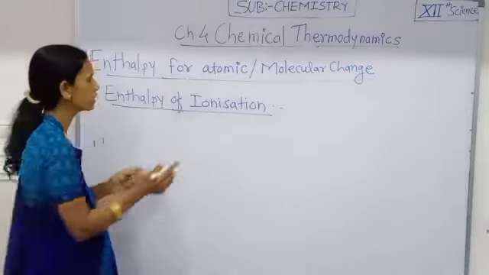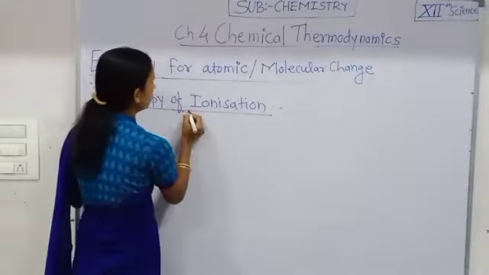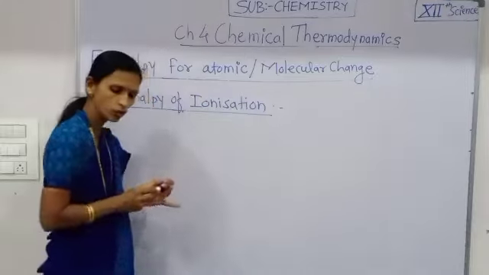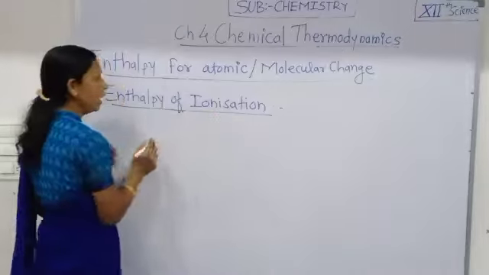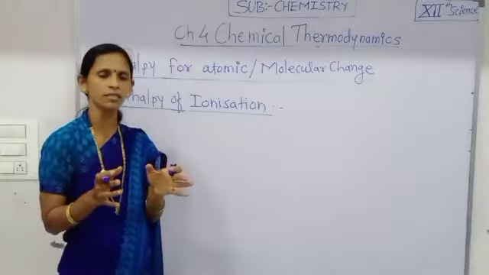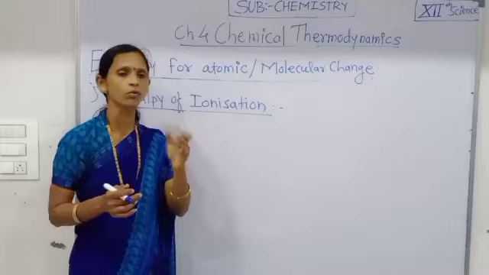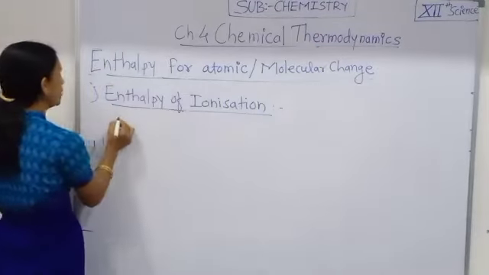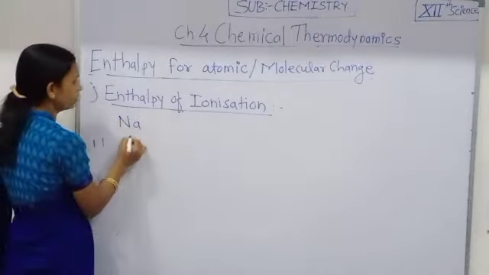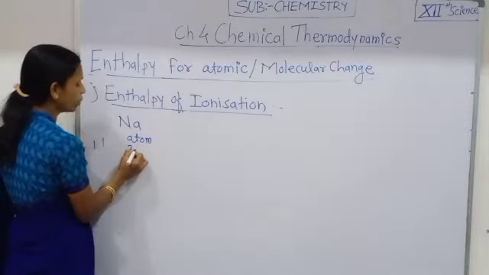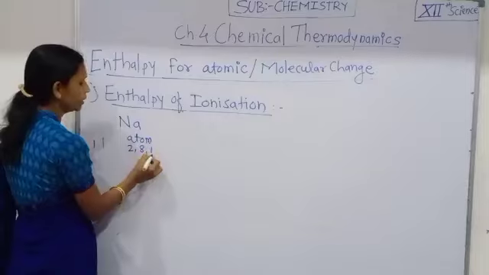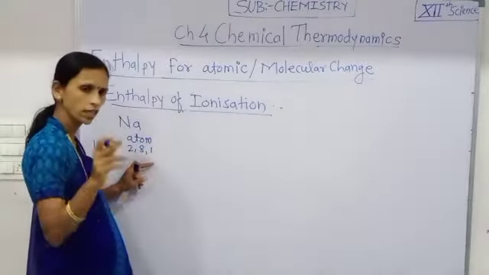Enthalpy of ionization. The name itself indicates ionization, that means ion formation, and ion formation takes place from atoms of elements. For example, see here, a sodium atom, which has electronic configuration 2, 8, 1, contains one valence electron.